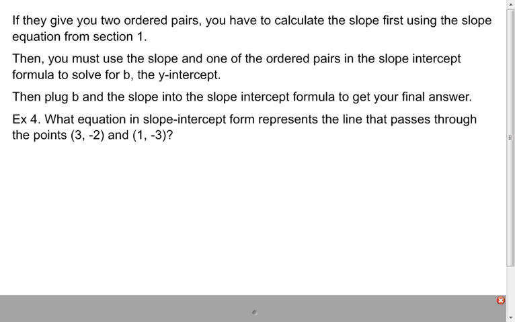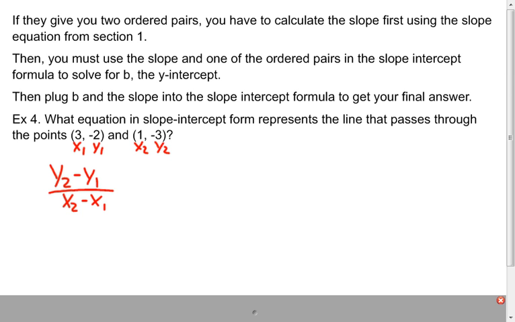What equation in slope-intercept form represents the line that passes through these 2 points? So the first thing I have to do, calculate slope. So this is x1, y1, x2, y2. And my equation, remember, y2 minus y1 over x2 minus x1. So I have to do that first.